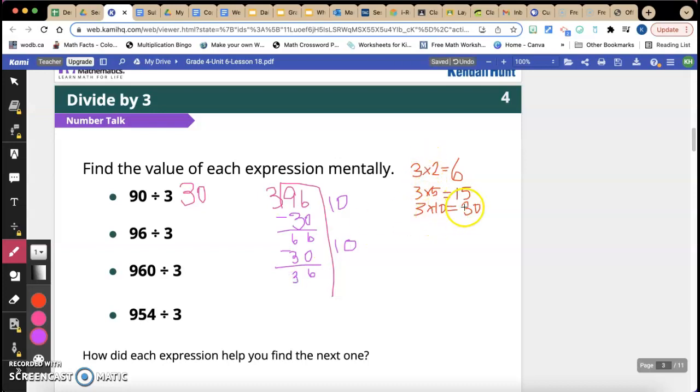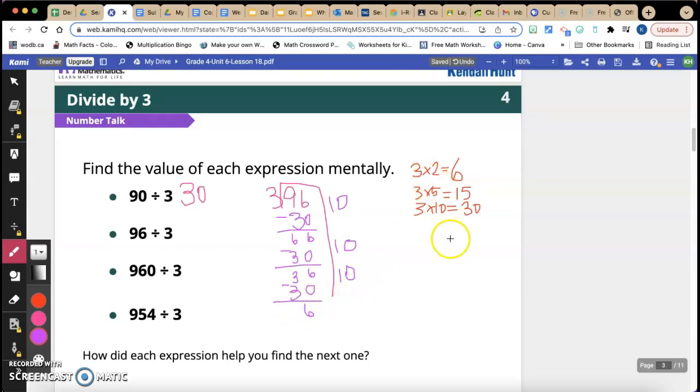Closest I can get to 36 is by saying 3 times 10, you got it. 3 times 10 is 30. 6 minus 0 is 6. 3 minus 3 is 0.